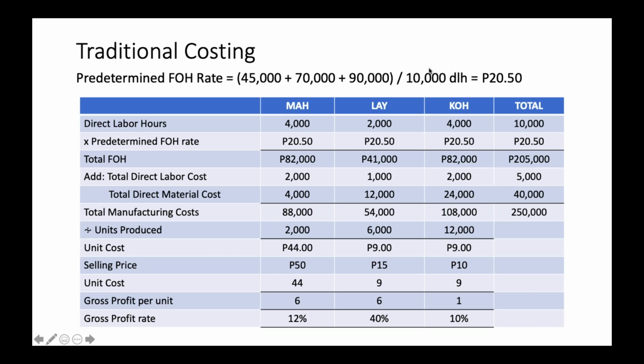And this 10,000 direct labor hours is not connected or related to the factory overhead cost that we computed as the numerator. 45,000 is the machine setup cost. 70,000 is the shipment cost. 90,000 is the engineering cost.